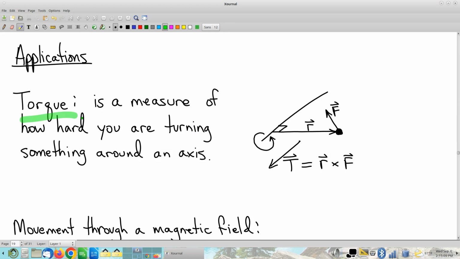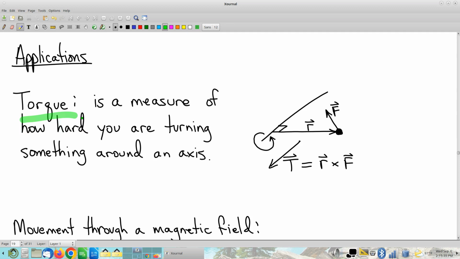If you have a bolt embedded into something and you want to unscrew it, you could grab it with your fingers. That's not going to give you very much torque. On the other hand, if you get a wrench that is this long, now you have a tremendous amount of torque. It's a very useful concept for understanding how things rotate in general.